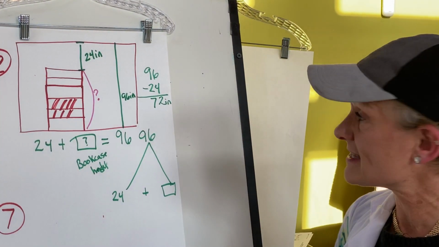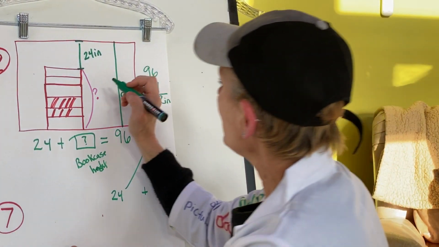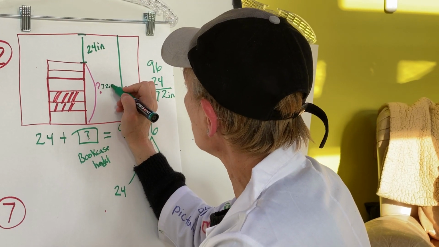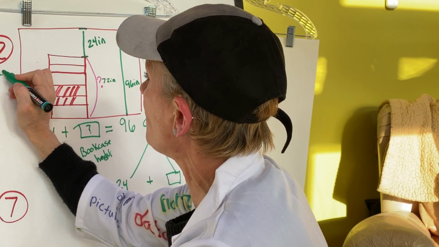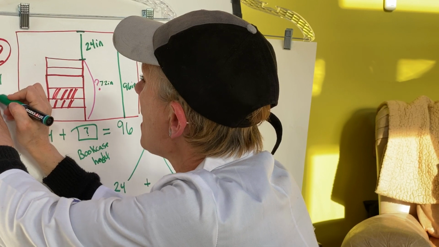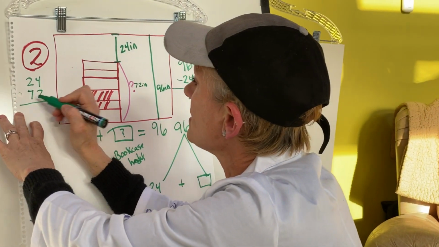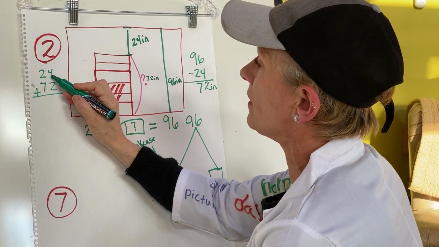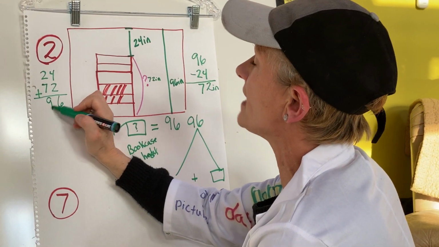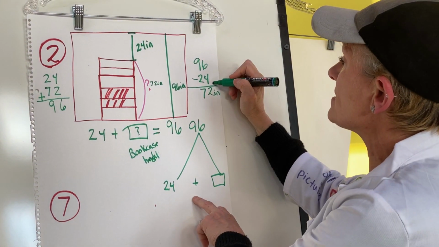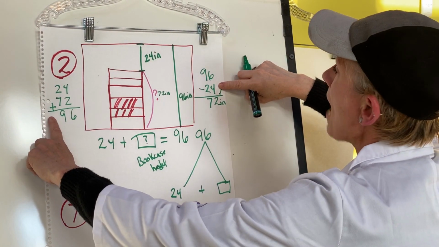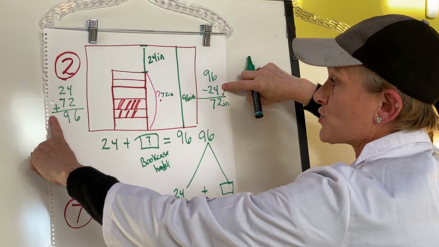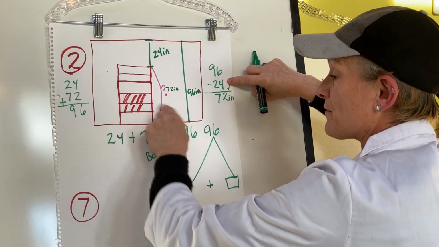That does make sense. If this then is 72 inches, that would mean 24 plus that 72 should get me back to 96 as the total. Friends, it does. So that does check. I did the opposite operation to make sure of it.